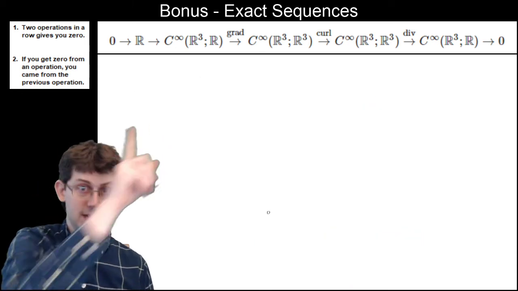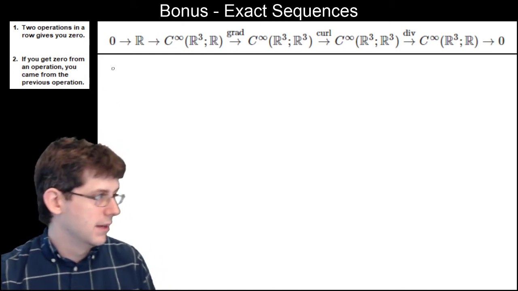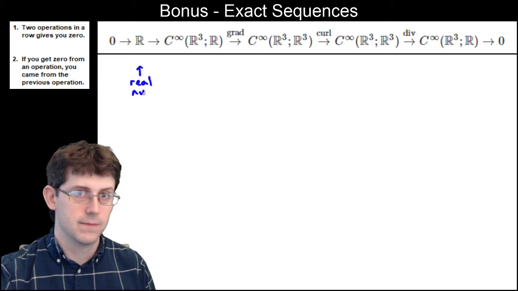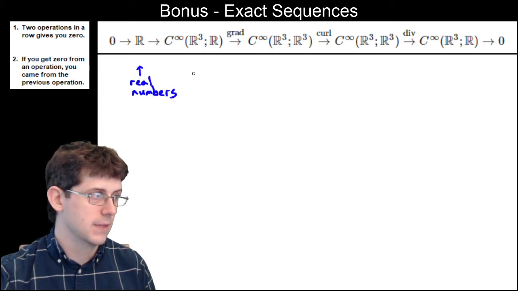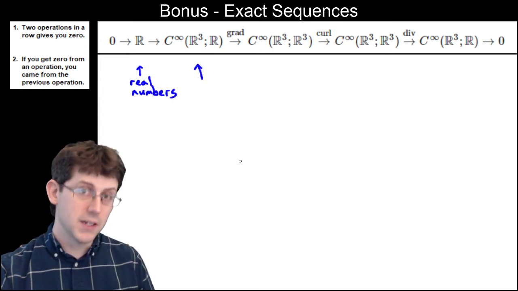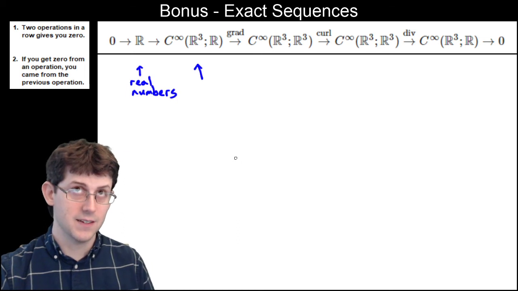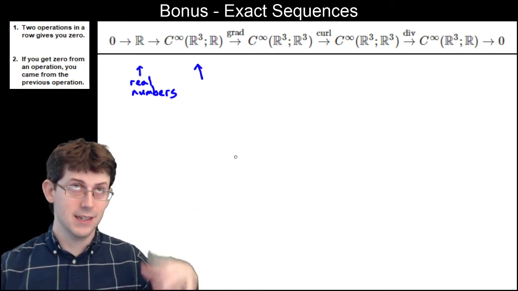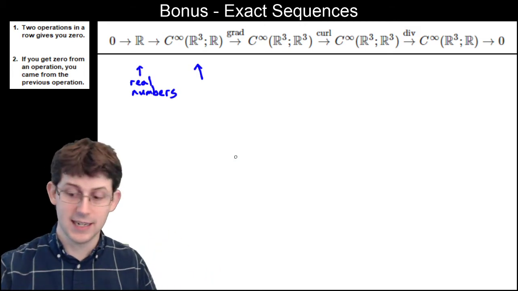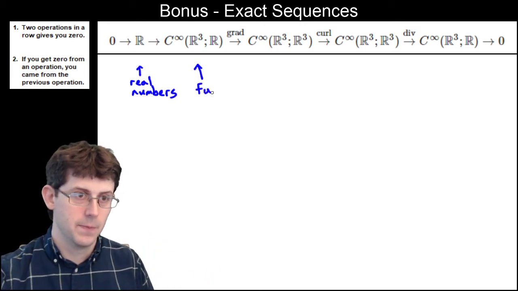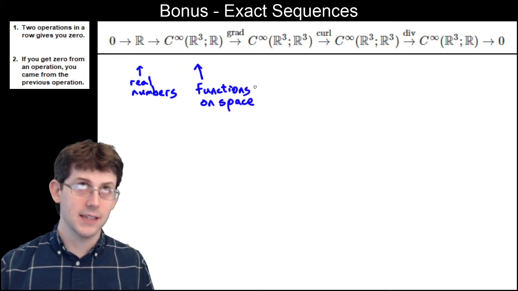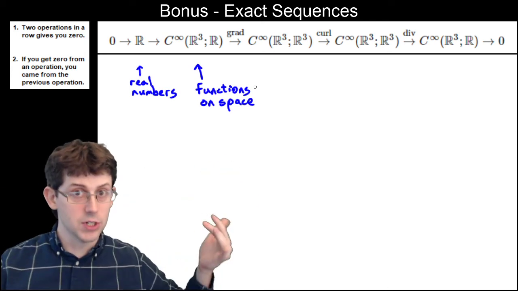So here's the Calc 3 exact sequence. Here's some real numbers. Here is functions that are defined on space. So each point in space has a number assigned to it. Your prototypical example of this is functions that tell you at each point in space what the temperature is.